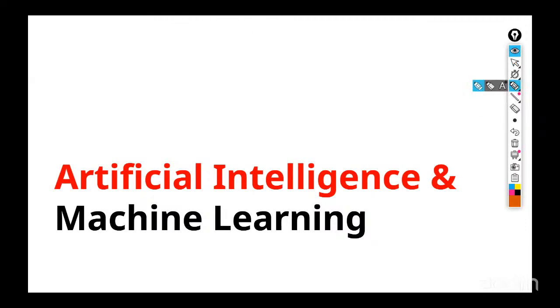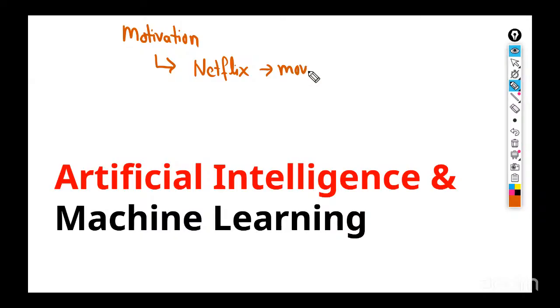Now, first, let's start with a little motivation. Why you should learn machine learning, right? So, first thing, whenever you open Netflix, it is going to recommend you some movie. Next, whenever you open Amazon, again, it is going to recommend you some product.